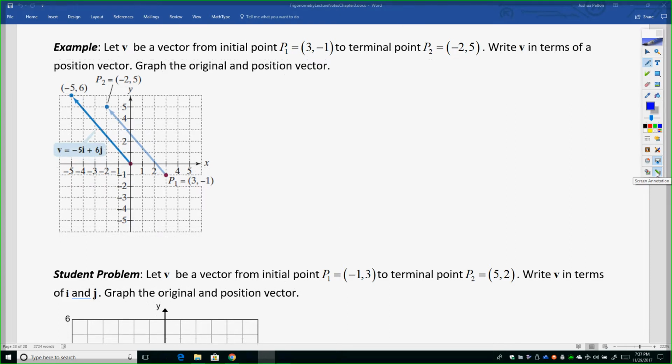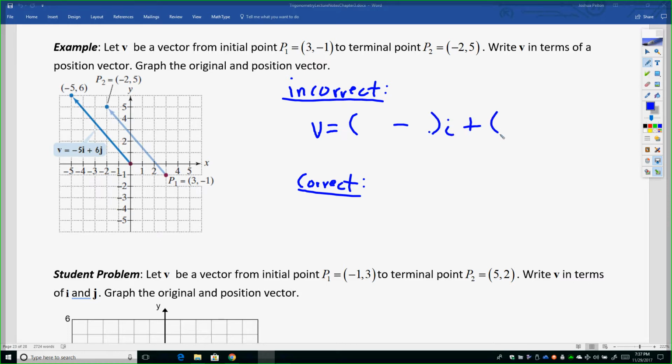Alright, so I'm going to write two things on here: incorrect and correct. So we know the vector has to be the distance formula, well, partially. i plus j, and then i plus j.